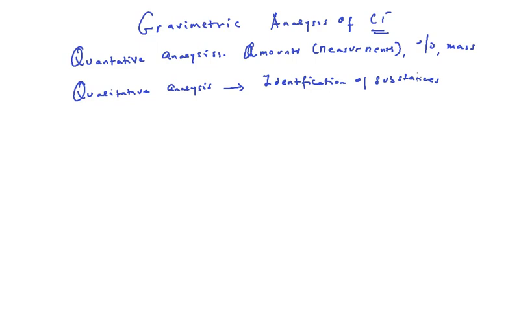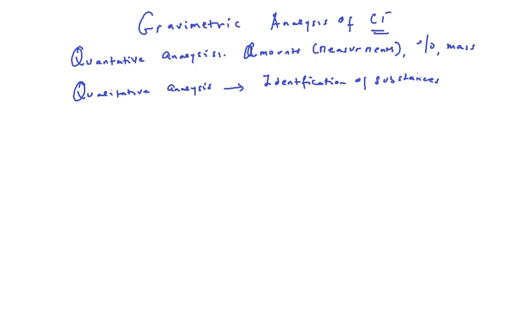We also have something called volumetric analysis, where determining the amount of the constituent involves measuring the volume of the reagent. So our goal today is discussing how we can determine the amount of chloride salt by using a reagent called silver nitrate.